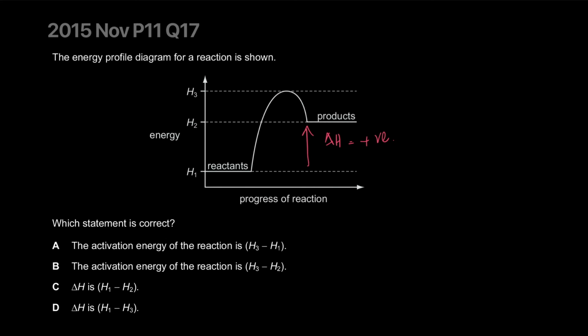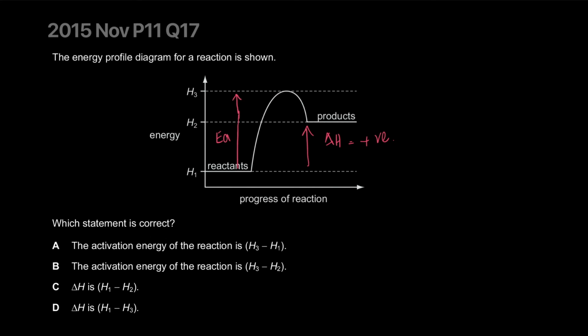Okay, which statement is correct? The activation energy of the reaction is H3 minus H1. I've done this question twice in my life before. This is the third time I'm doing it. The last 2 times I got this wrong because I kept mixing up these numbers. So what is activation energy? This is the activation energy, EA. And how would I calculate it?